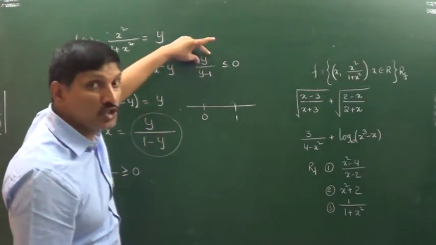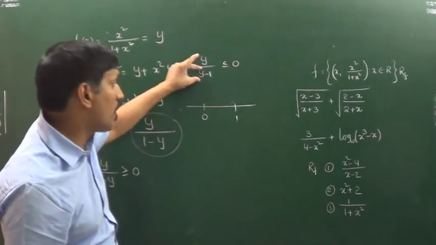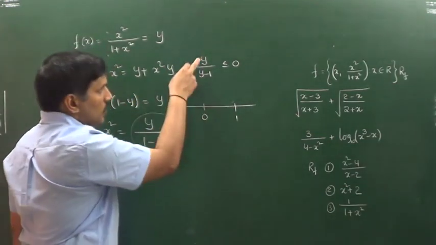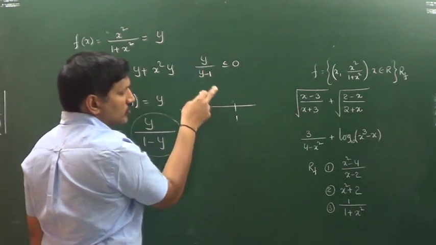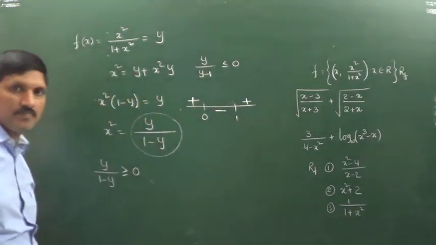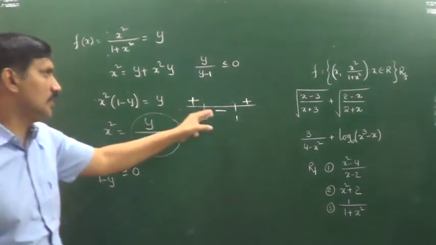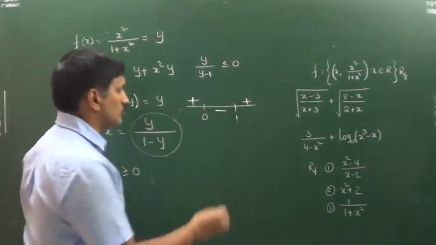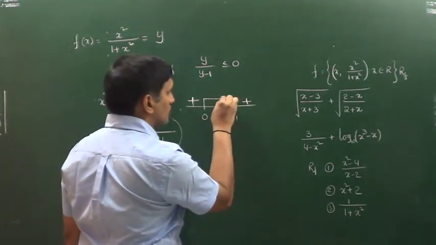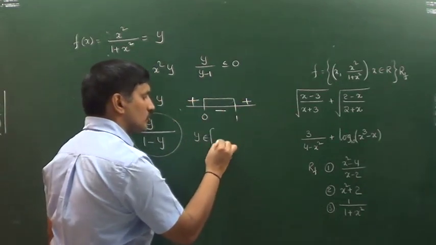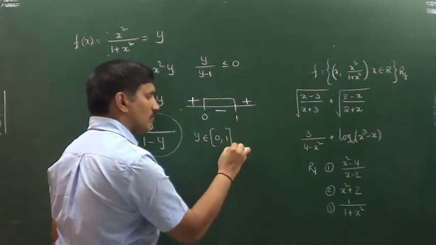Numerator equated to 0, you will get 0. Denominator equated to 0, you will get 1. So y is equal to 0, y is equal to 1. Plus, minus, plus. Less than or equal to 0 means we have to consider the negative portion. That means y belongs to the closed interval 0, 1.